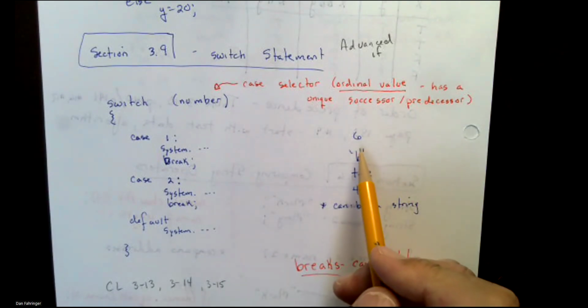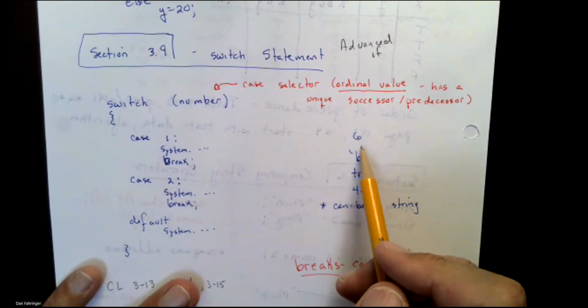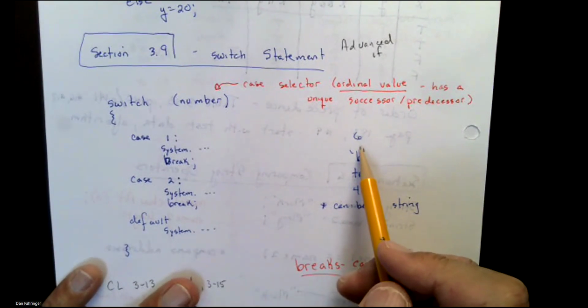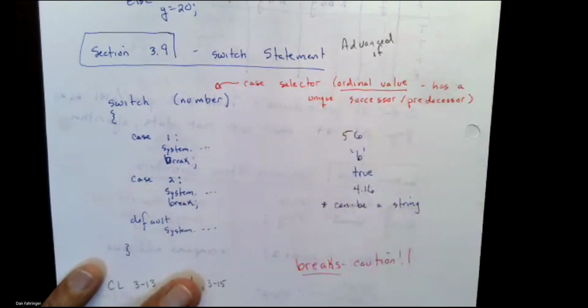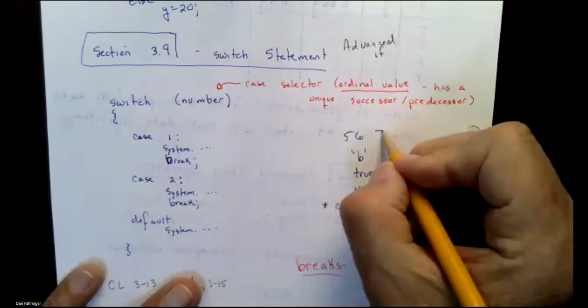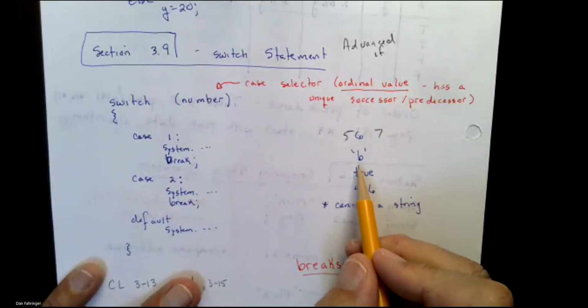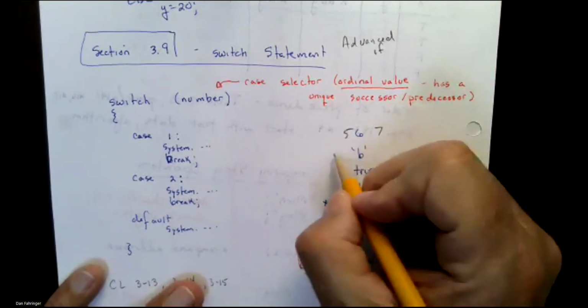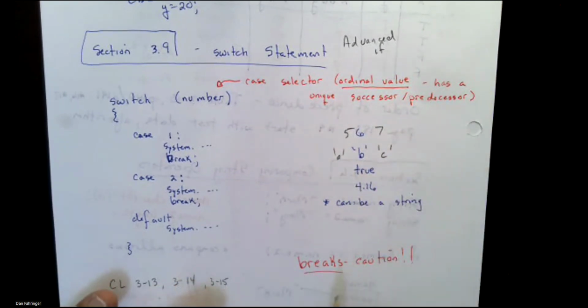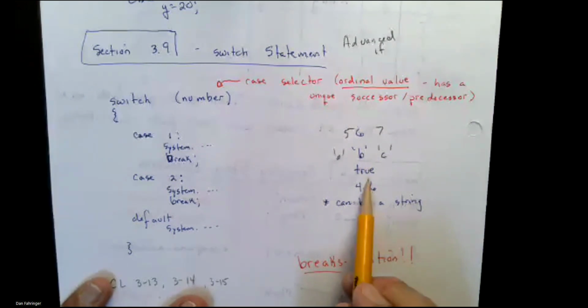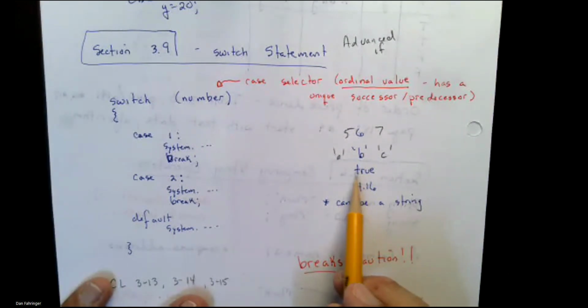For example, if I said 6, what comes before 6? Shout it out. Five. What comes after 6? Seven. Good. What comes before the character A or B? Duh, A. What comes after B? Yeah. What comes before true? False.